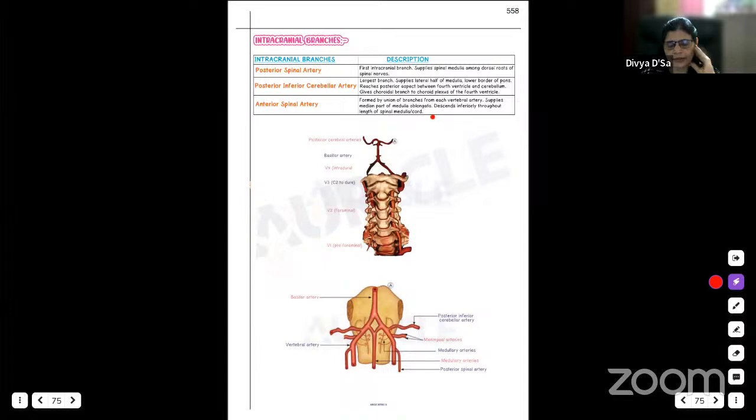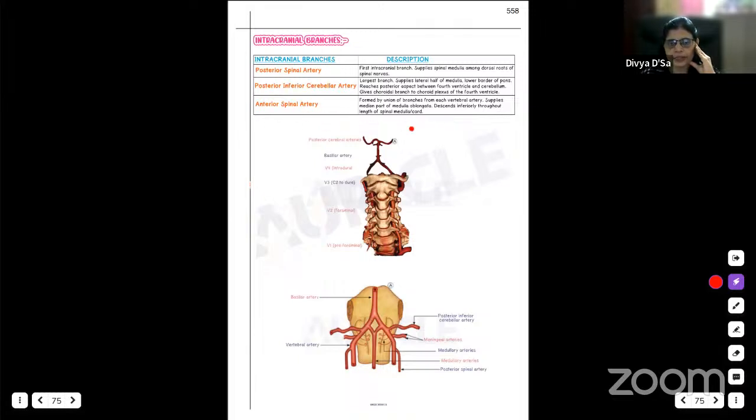It supplies the lateral portion of the medulla, the lower border of the pons, and reaches the posterior aspect between the fourth ventricle and cerebellum. It also gives branches to the cerebellum and choroidal branches for the fourth ventricle.